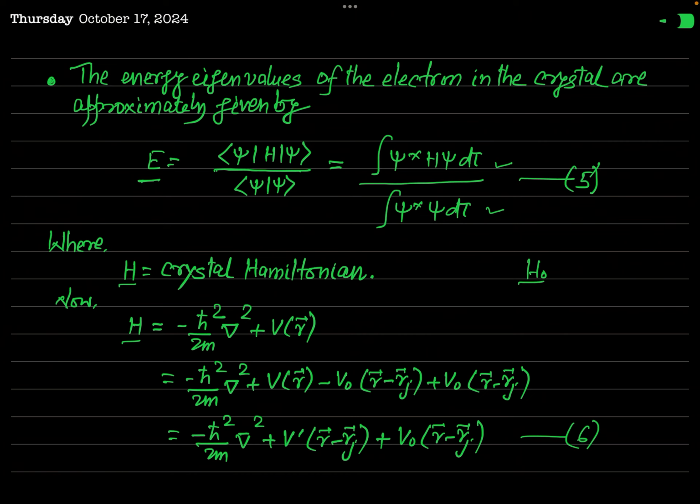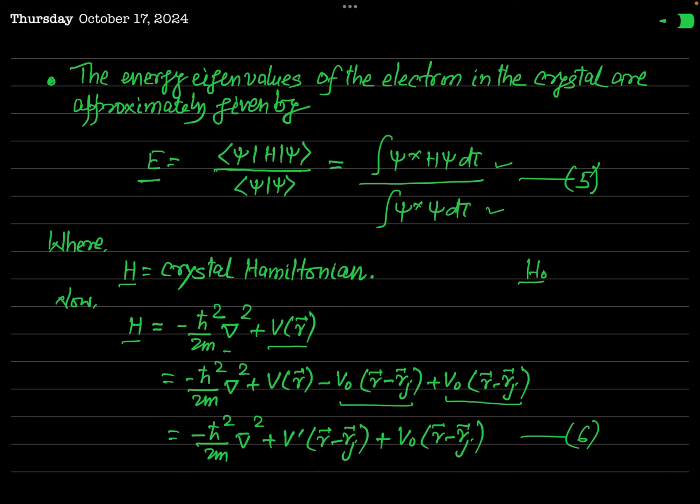Mark it. This Hamiltonian is given as minus h bar square over 2m del square plus V of r. Now we apply simple algebra. Our aim is to introduce a perturbation potential term in this expression, and for this we add a term V naught of r minus Rj, and also subtract the same term V naught of r minus Rj, so the result remains the same.